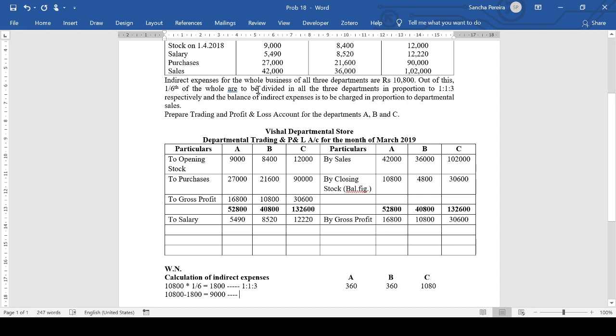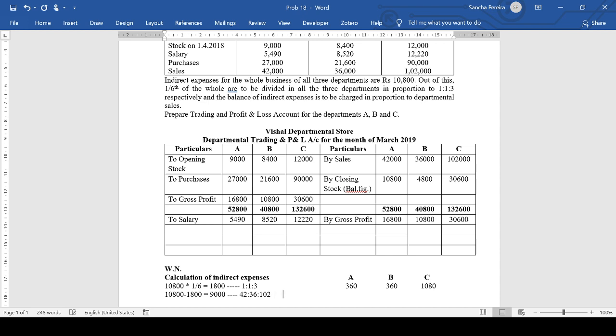This 9,000 has to be divided, as they said, the balance of indirect expenses is to be charged in proportion to departmental sales. So you can either remove the three zeros and keep the ratio, or reduce it lower, but to save time I will keep it that way: 42 is to 36 is to 102.